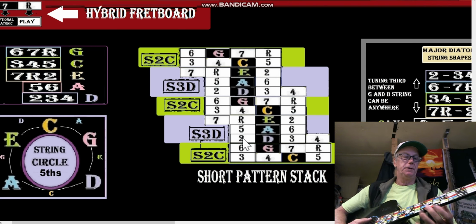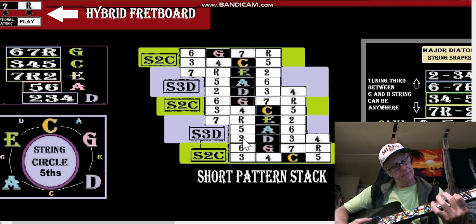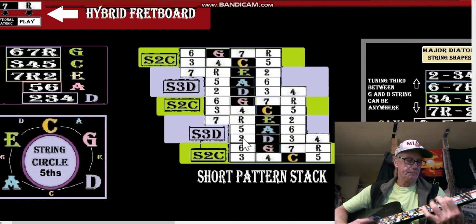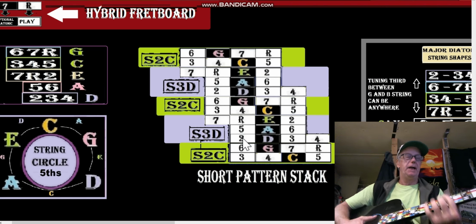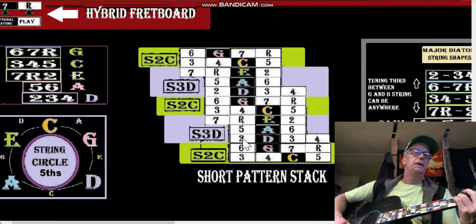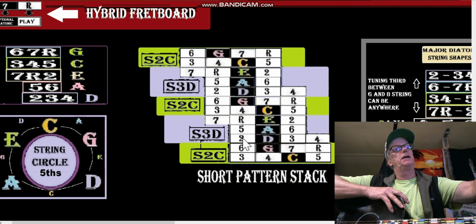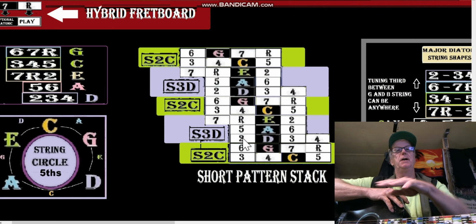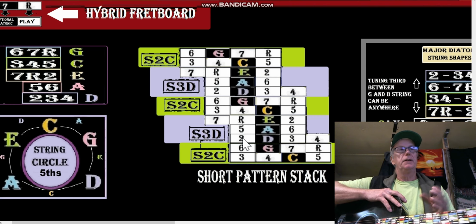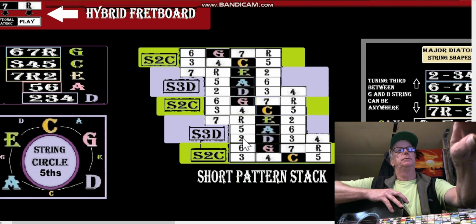Okay, but if we do an E-shaped F scale, listen to the similarities, because F is the relative major of D minor. Okay, so that D minor pentatonic just takes the F pentatonic, which is 4, 5, 6, root 2.